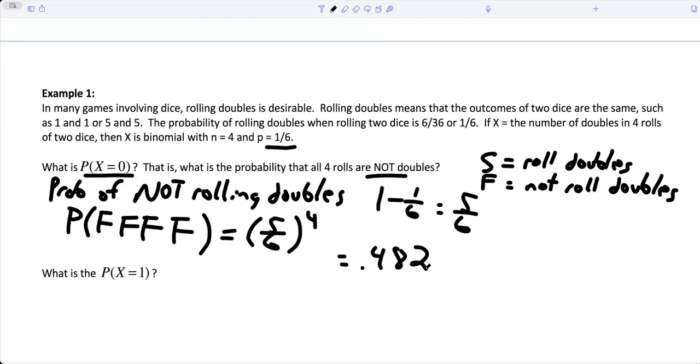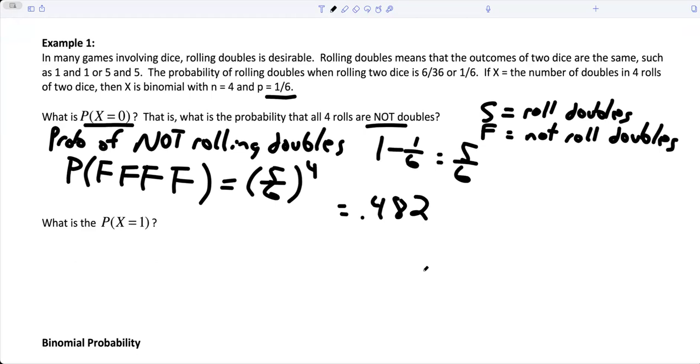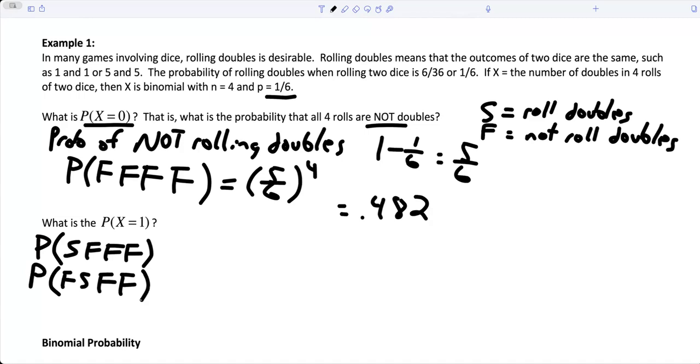And this says, what is the probability that X is equal to 1? You don't have to do this every time; we're going to do this for the notes. But let's list the ways that we could roll 1 double in 4 times. We want to find the probability that we have success, fail, fail, fail, or the probability that we fail, success, fail, fail. How many of these are there?